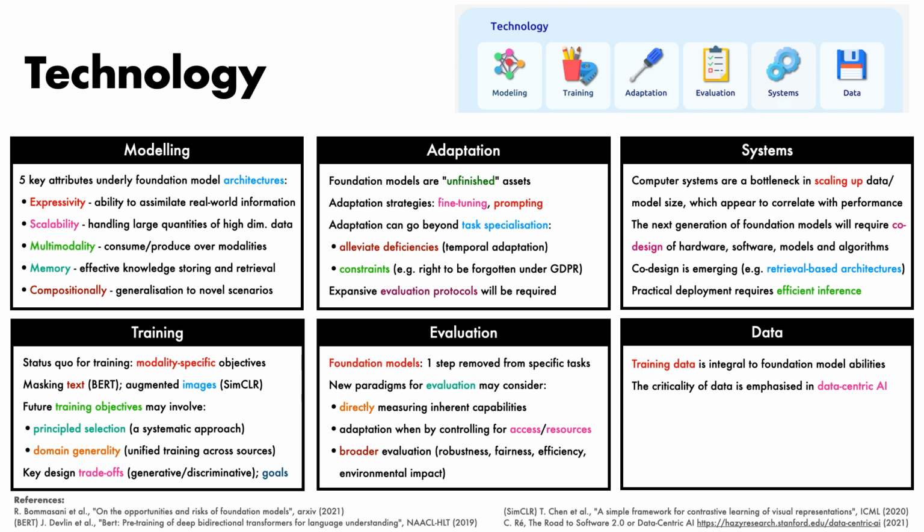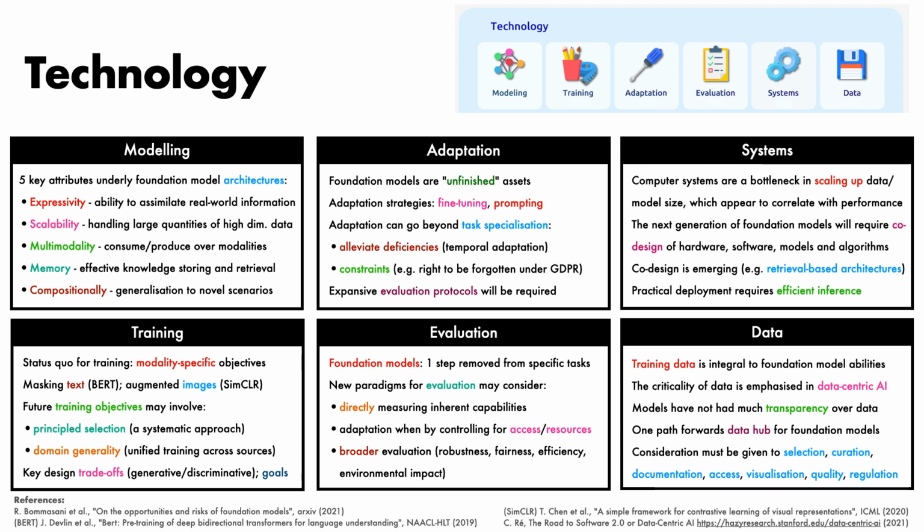Bommasani et al. note that to date, the modus operandi for foundation models has been to select training data with unclear principles and with limited transparency over the nature of the training data itself. They therefore suggest that one path forwards is a proposal that they refer to as a data hub for foundation models, which highlights the consideration that must be given to the selection, curation, documentation, access, visualization and inspection, quality assessment, and legal regulation in the data management process.